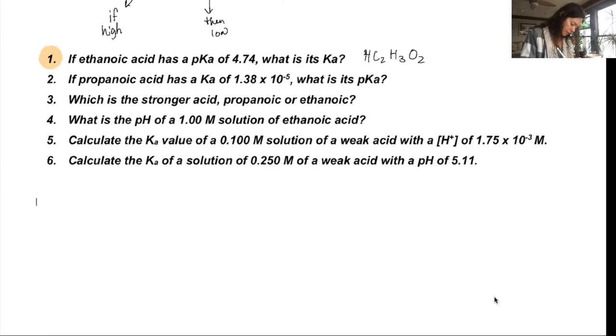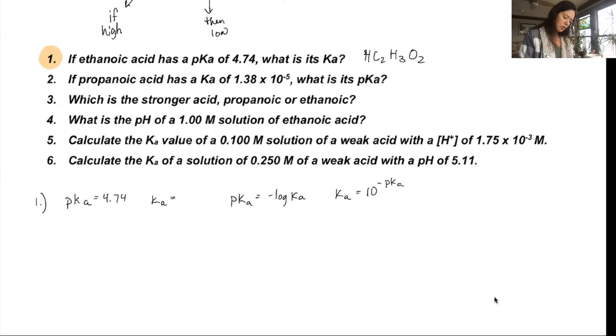Number 1. Ethanoic acid has a pKa equals 4.74. Ka equals, oh, well, pKa equals negative log of Ka. Therefore, Ka equals 10 to the negative pKa.